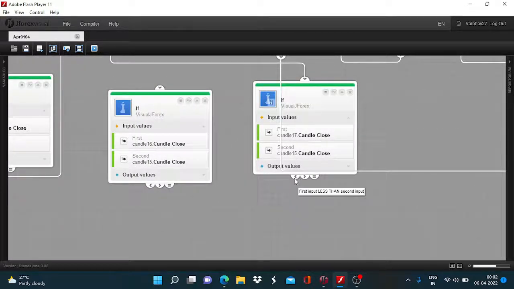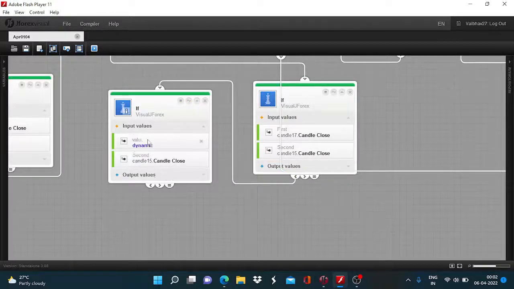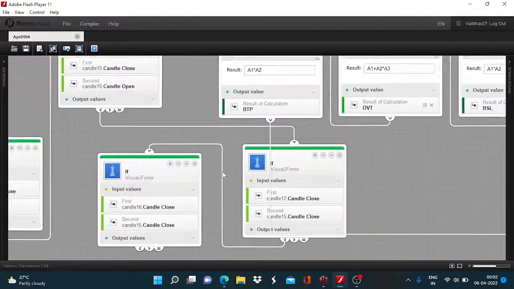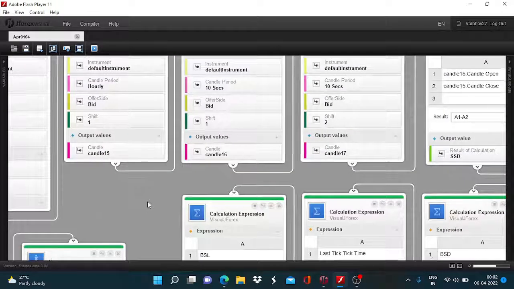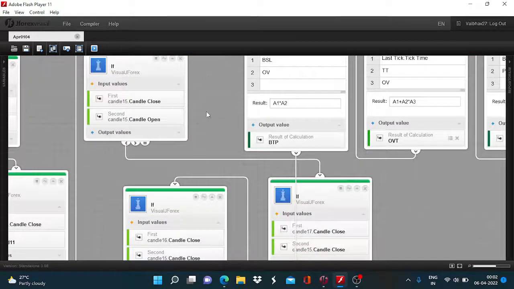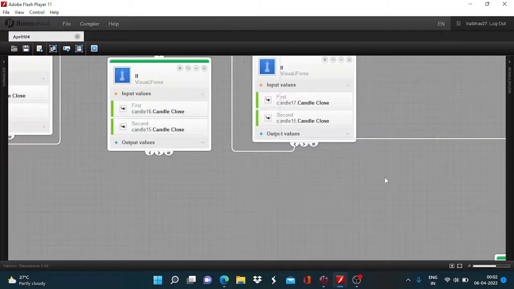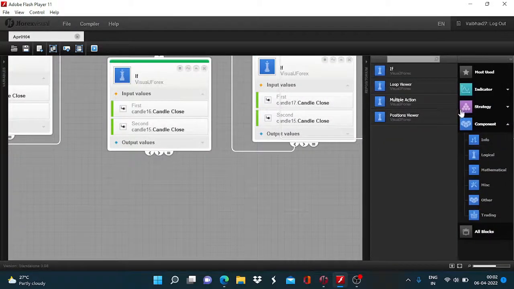So here first input less than second input, and the candle 16 which has the look-back period of 1, that means this is the last 10-second candle, it should have closed higher, and after that we get in the trade command block.